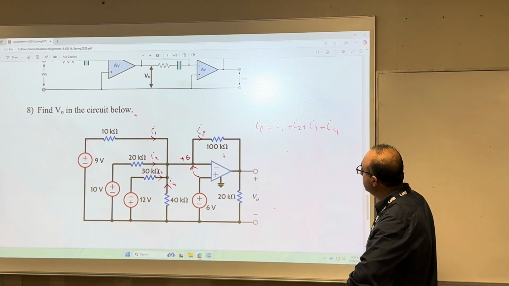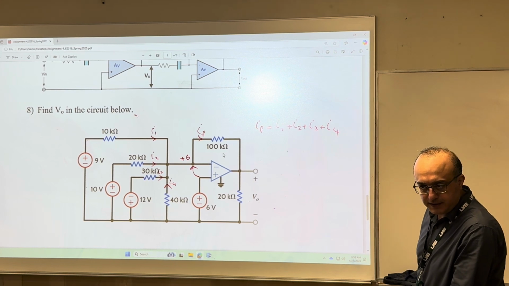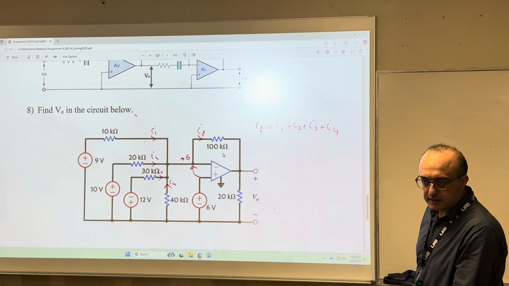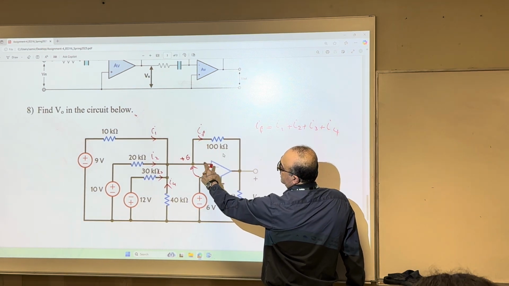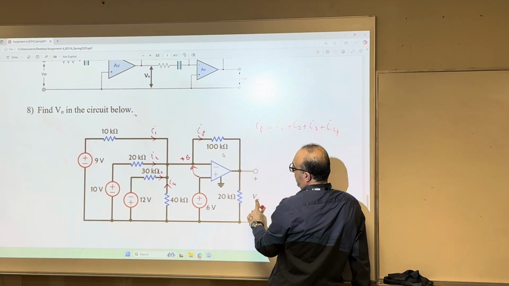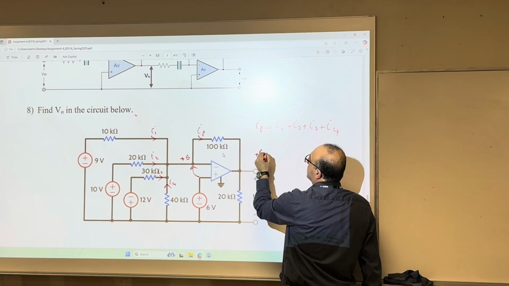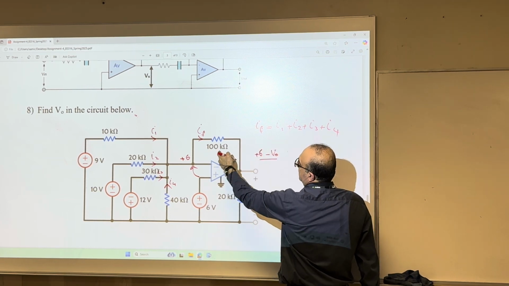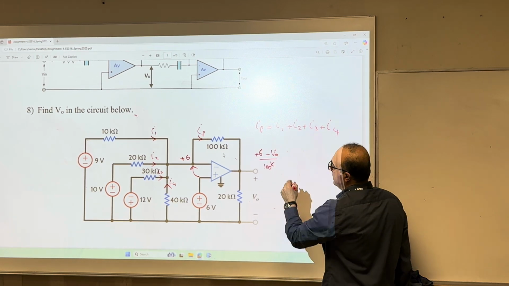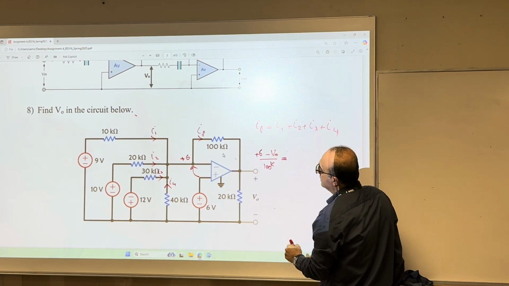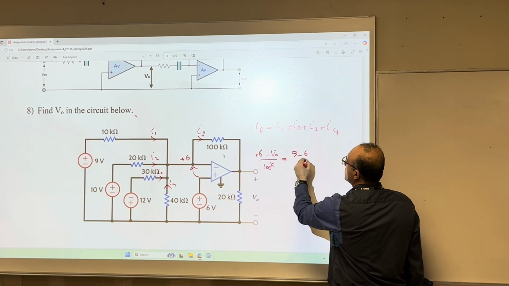And then instead of I4 I should write what? Ohm's law. Consider the direction. It's going to be 6 minus Vout over 100. I1 is how much? 9 minus 6 over.